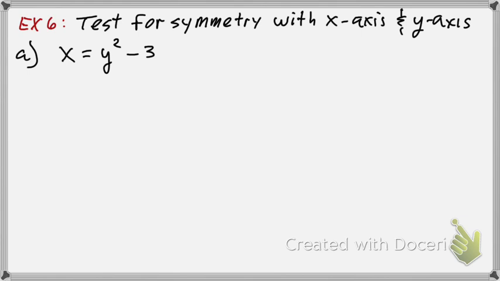So let's test symmetry about the x-axis and y-axis. First of all, let's see if it's got x-axis symmetry. So what do I do? I leave the x's alone, and I replace the y's with negative y. Notice that's all I'm doing here.